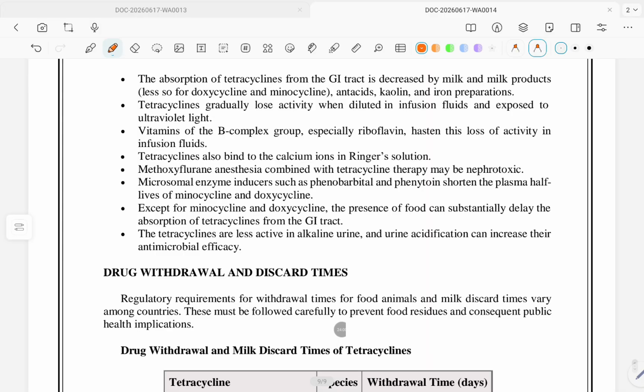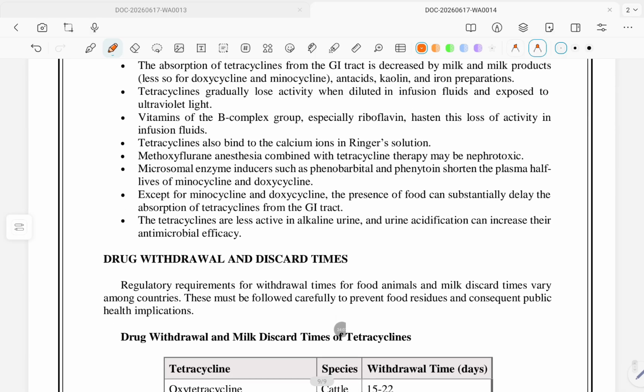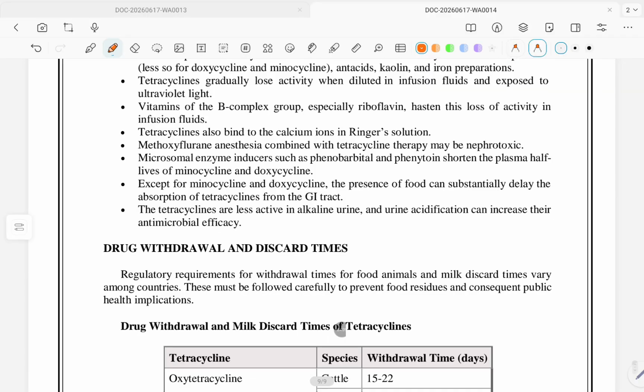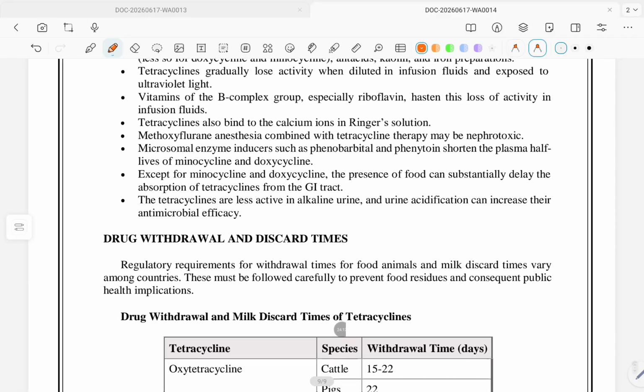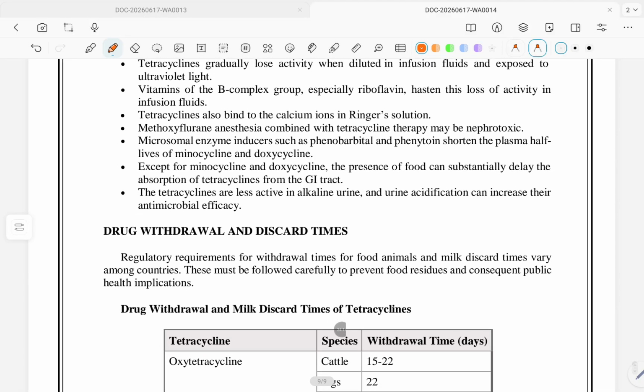Vitamins of the B complex group, especially riboflavin, hasten this loss of activity in infusion fluid. Tetracycline also binds to the calcium ion in Ringer's solution. Methoxyflurane anesthesia combined with tetracycline therapy may be nephrotoxic.